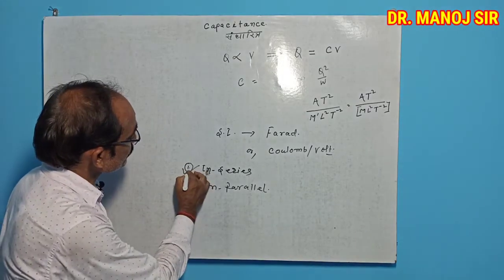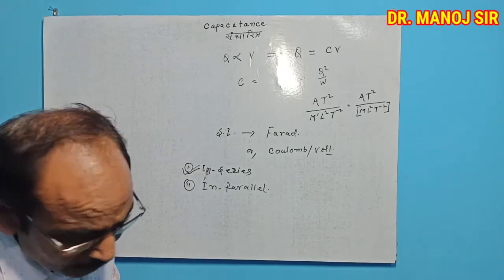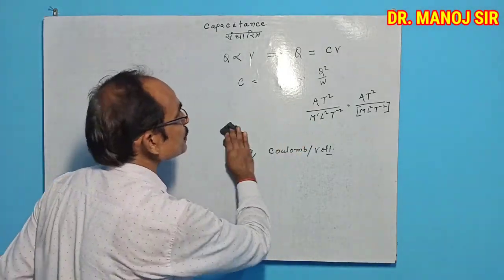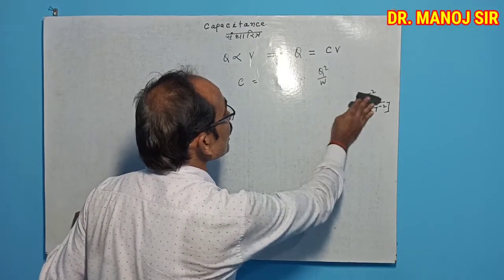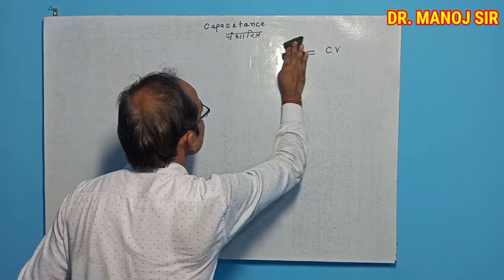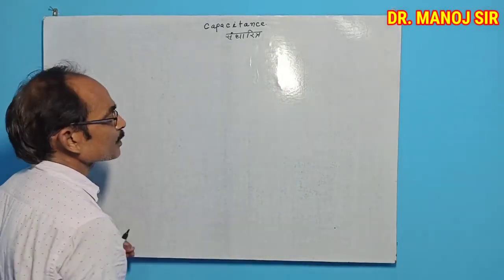This is today's class. What is a series combination?